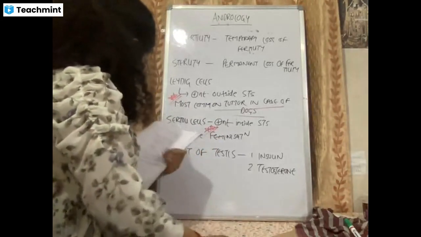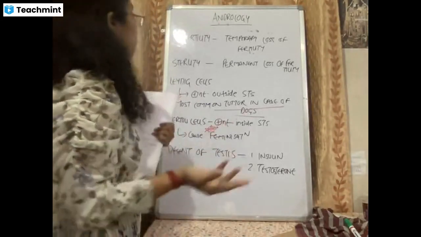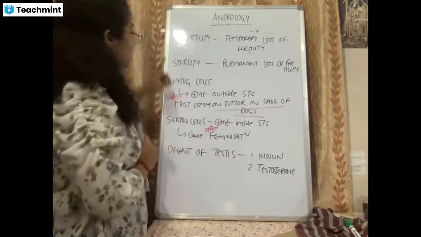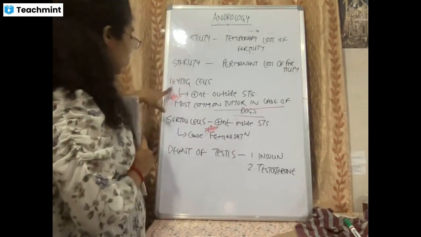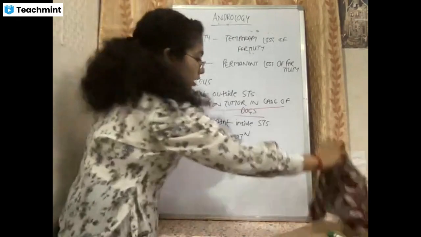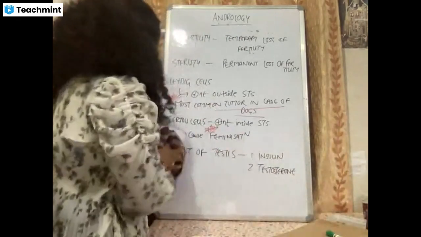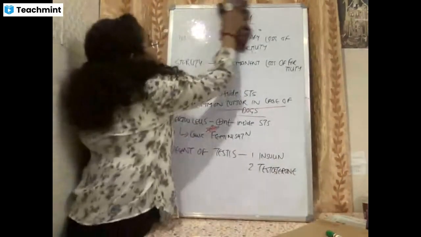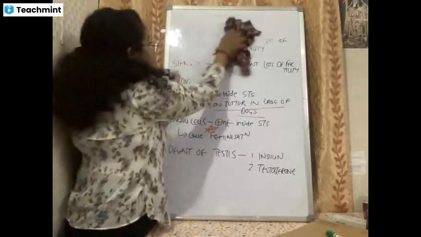Now we'll see spermatogenesis. These terms are important: infertility, sterility, Leydig cells, Sertoli cells, descent of testis, how it occurs. Next, we'll study spermatogenesis.